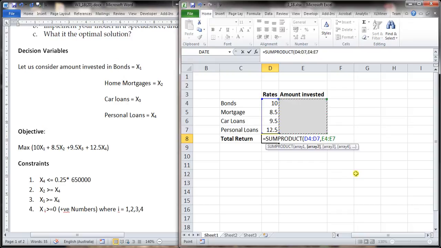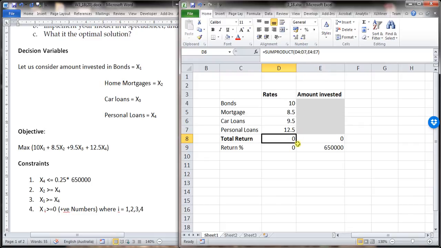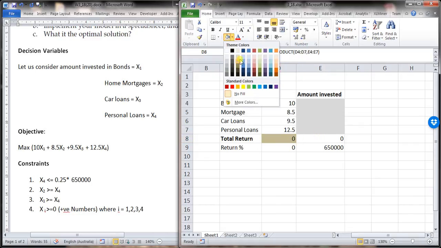So this is the total return, and to find the return percentage it would be this value divided by the total. So this is the effective return percentage and our objective cell.